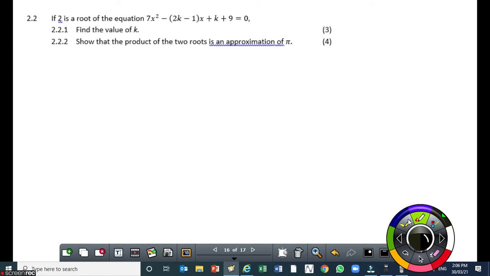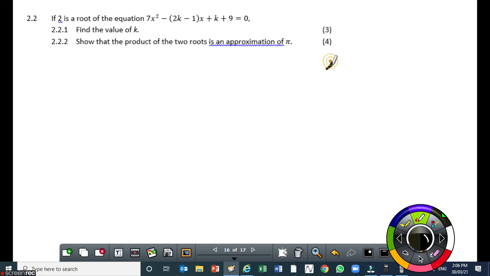Now, when you talk about nature of roots, all we are saying is we need to know whether the roots of the quadratic equation or the solutions are real numbers or not. Are they rational or irrational? Are they equal or not? That's all. So we use the discriminant.